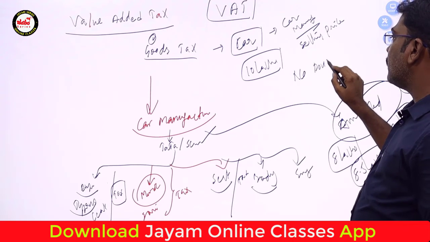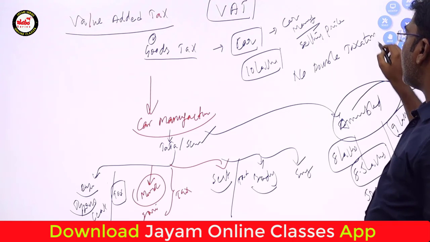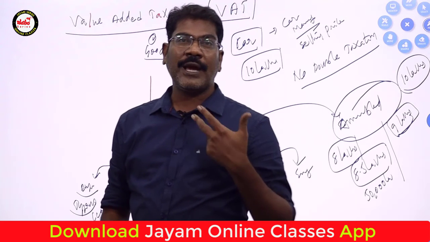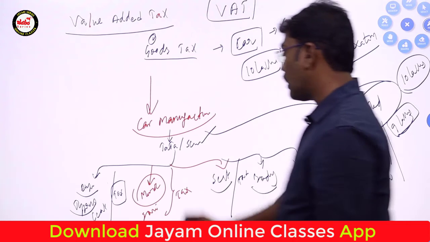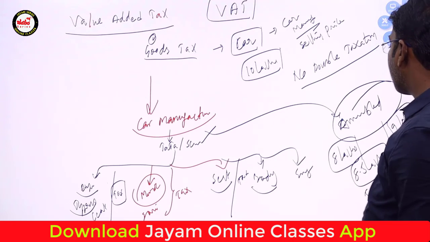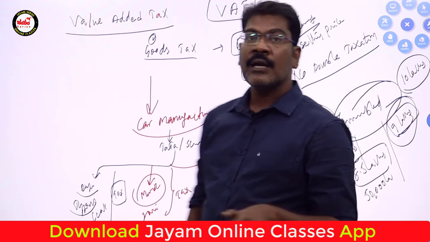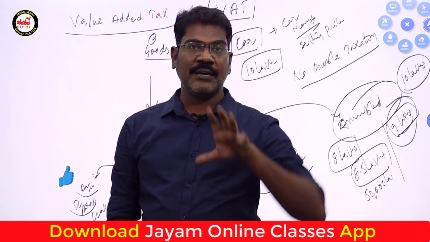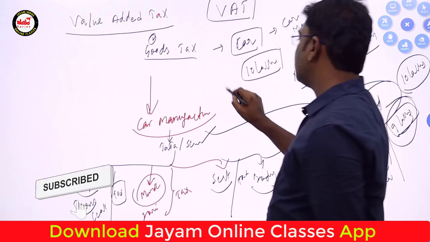They are not supposed to levy tax on the same product twice. You cannot collect the tax twice on the same product. But here they have already paid the tax every time, and again after manufacturing, on the complete price also they have paid the tax. This is the reason the price of any product is very high. Are you clear? This is the most important.